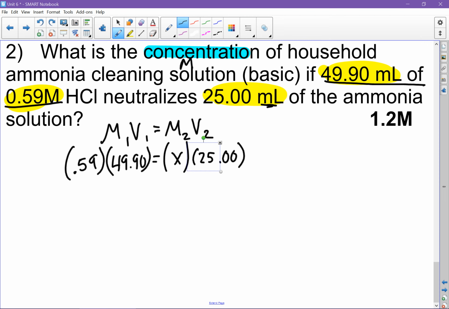Okay? Now we're just going to solve with regular old algebra. Combine your like terms. So on this side I get 29.441 equals 25x. Divide by 25. X equals.